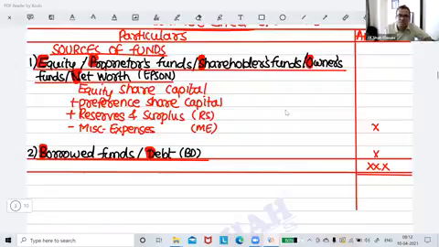Sources of funds. What else were you searching for? What is the heading you have given at the top? Sources of funds. So when you take a total, what will you get? Sources of funds.